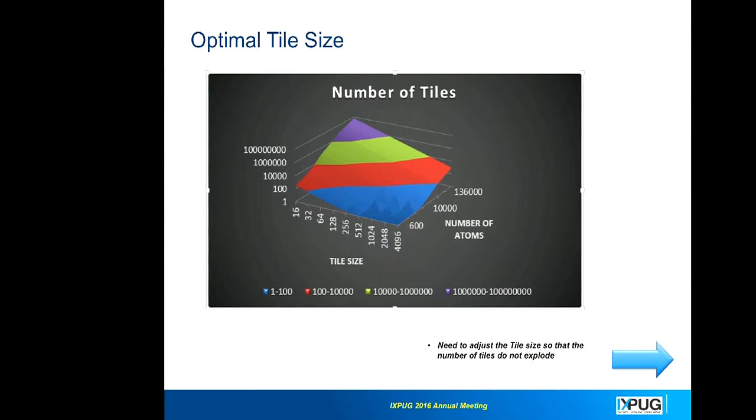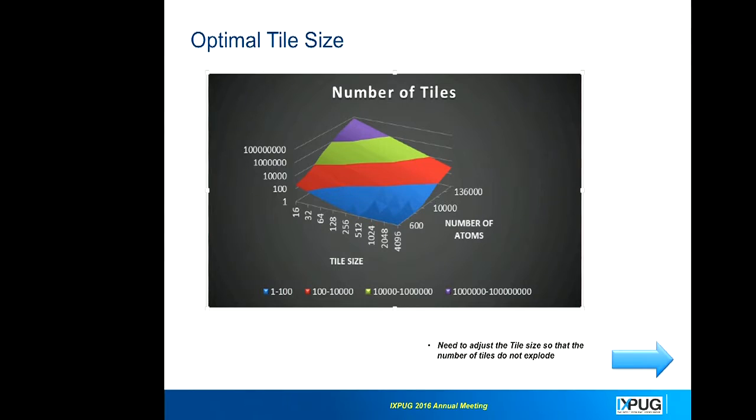What we did is, for different workloads we experimented with different tile sizes. For 25,000, 75,000, and 150,000 atoms, we found the optimal tile size, plotted a graph, and then used that equation to find the tile size.